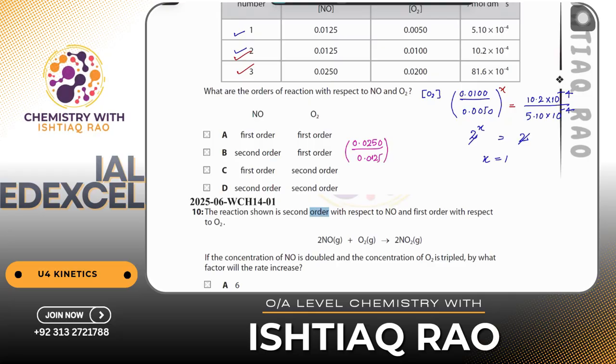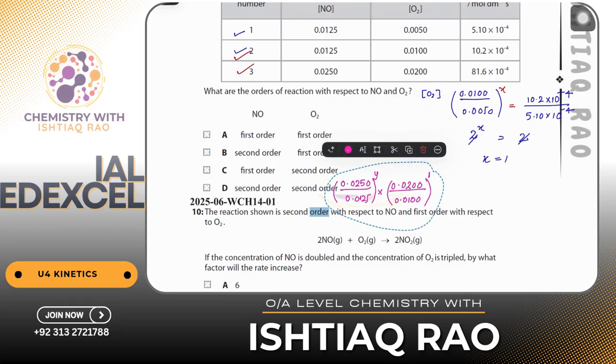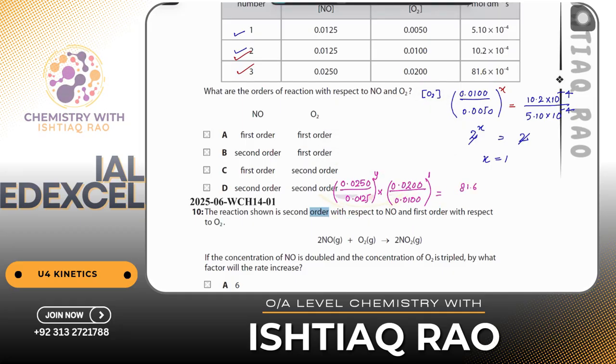This is going to be y, the order with respect to NO, which I don't know, multiplied by 0.0200 over 0.0100. This is for O2, and I know the order of O2, that is 1, right, is equal to the rate, that is 81.6 × 10^-4 divided by 10.2 × 10^-4.